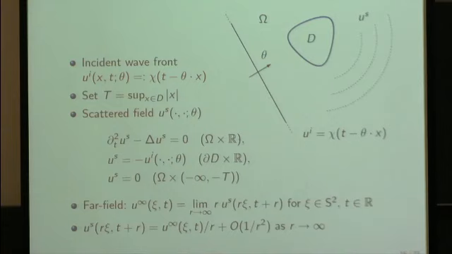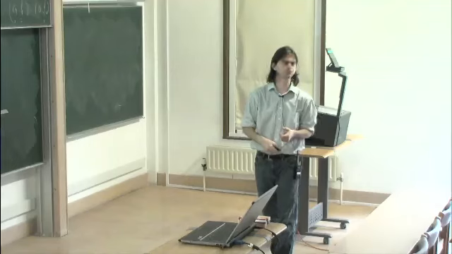And if you look at the scattered wave on that ray for a large distance away from the object at time t plus r, and you rescale the wave by r because it decays, then you see that this expression has a limit. It's called the far field, and the far field depends then on direction and on time.